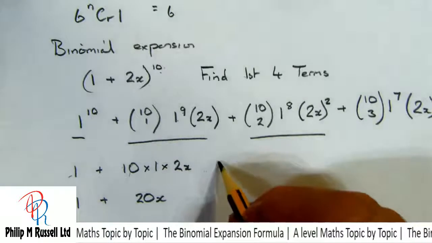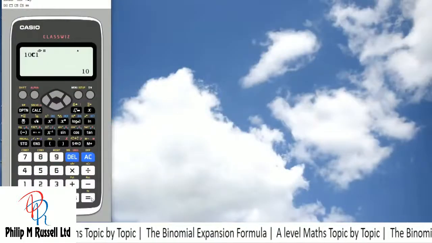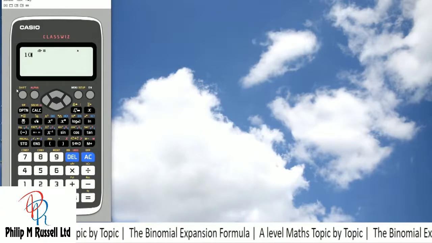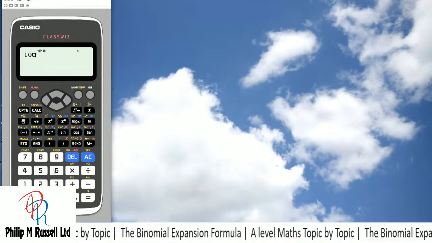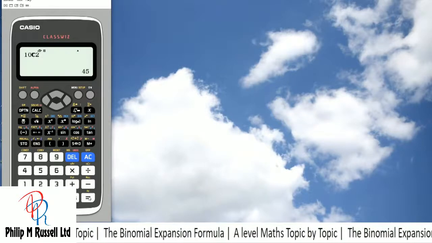Let's work out the next one, 10 choose 2. So here, let's put in 10 nCr 2, and that's going to give me the number 45.